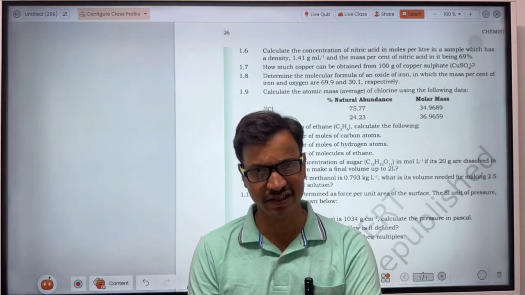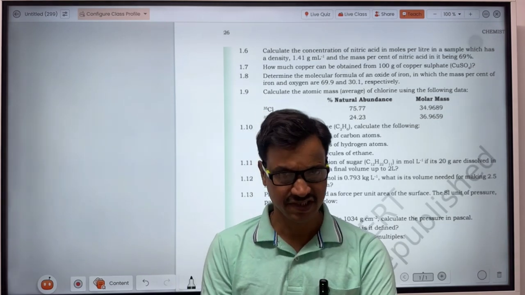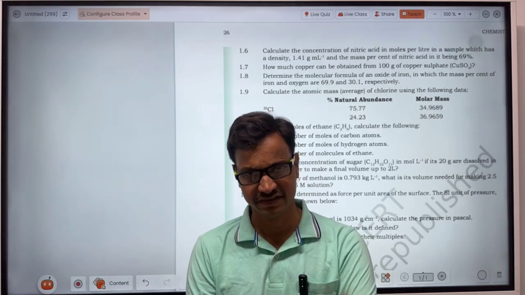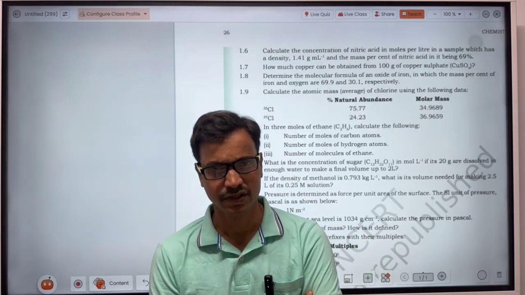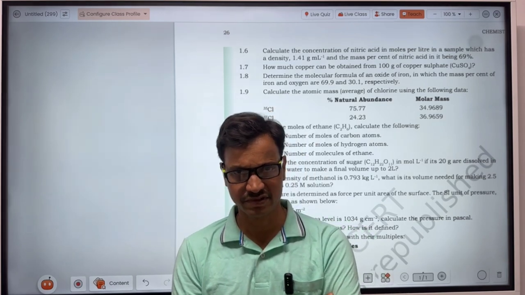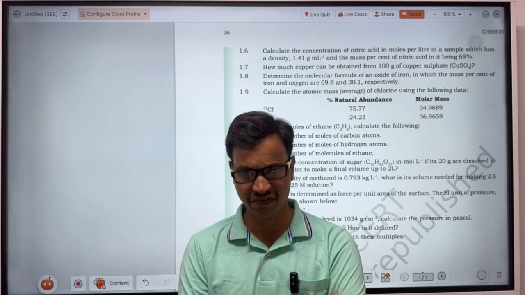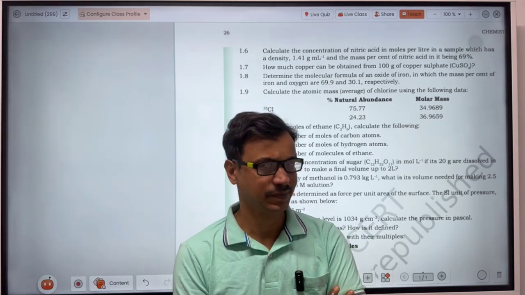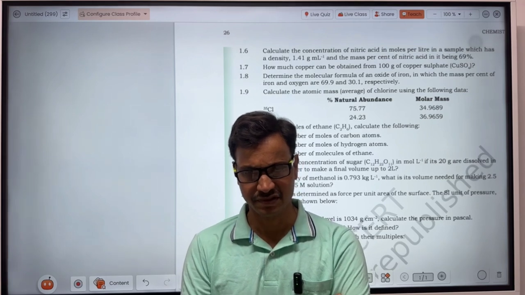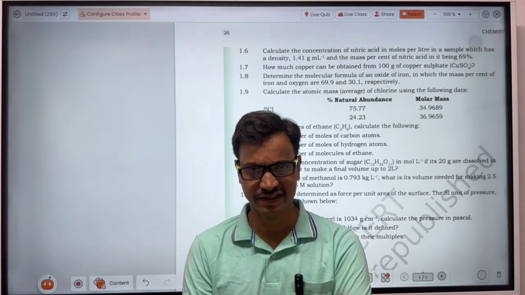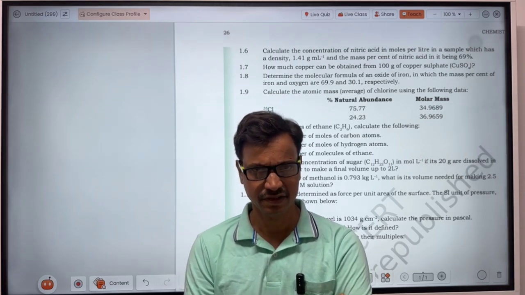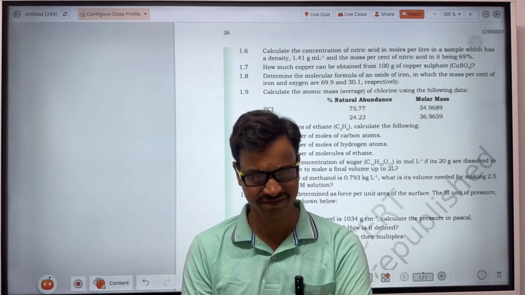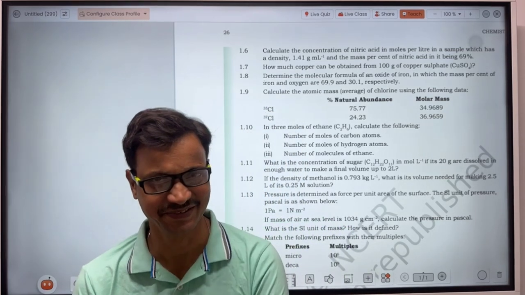Convert that into liter. Then there is 69 gram of nitric acid, so find out the number of moles of nitric acid. Then you can find molarity, that is, number of moles of nitric acid upon volume of solution. Very simple. Let's see here also.